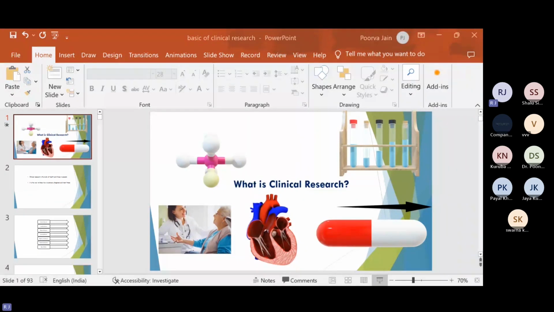Now, the third stage is lead generation and refinement. So in lead generation and refinement, we try to create many molecules, okay, which are targeting this target. Okay. So you would have heard this word, high throughput screening.